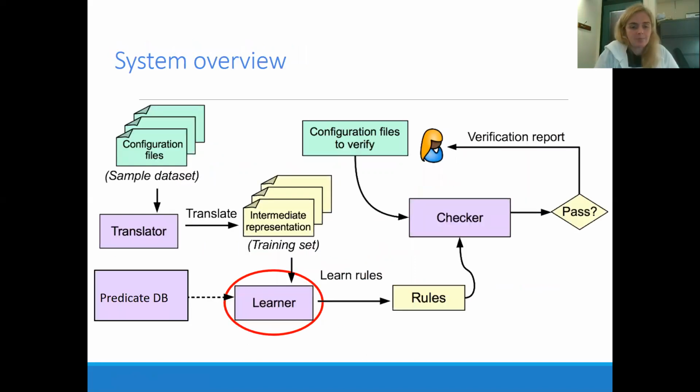Now comes the next step, which is that we have our types, we have our typed predicates, so we can clearly learn properties and how things are happening, right? So you take a single configuration file.